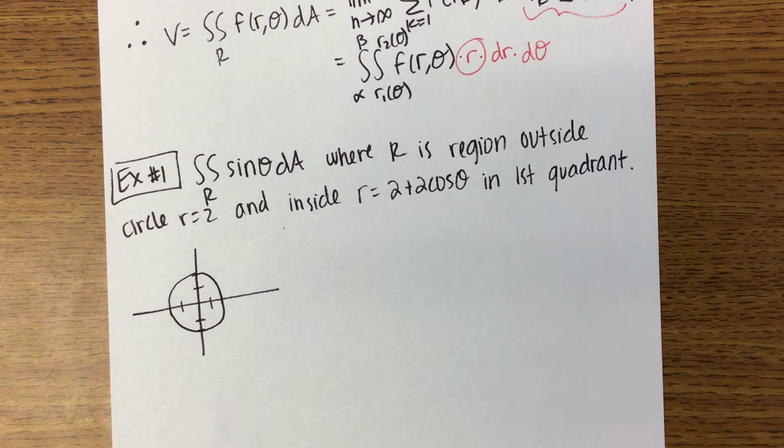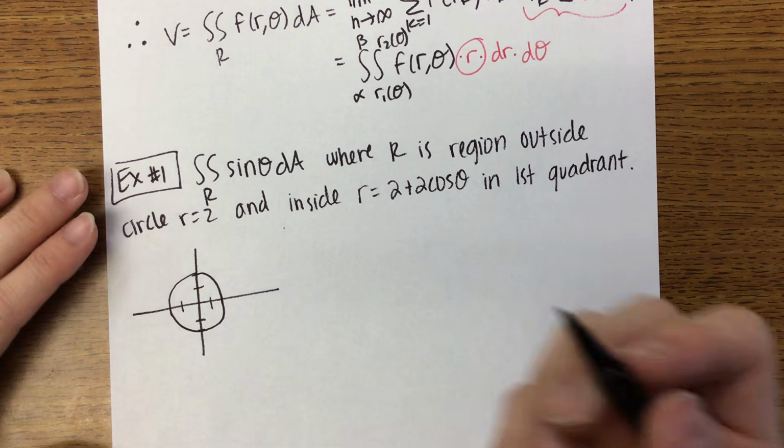R equals 2 plus 2 cosine theta. Do we know what that looks like? Whew. Okay, so we're going to have some trouble if we don't know what these polar graphs look like. I am going to put a review on Schoology that has some of the most common graphs on there. So take a look at that if you don't remember some of these.